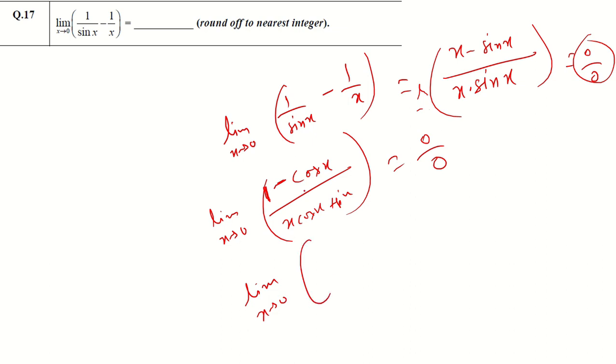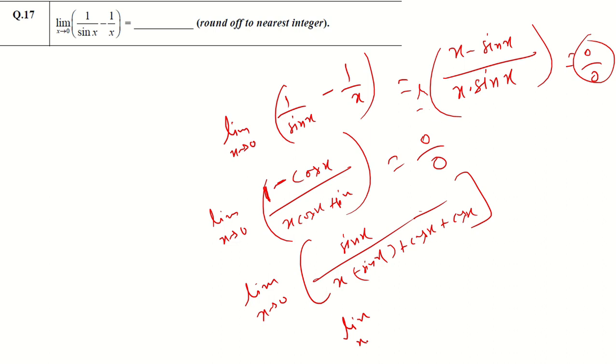So differentiation of this is sin x divided by, now if we apply x is equal to 0, we get sin x divided by minus x sin x plus 2 cos x, right?